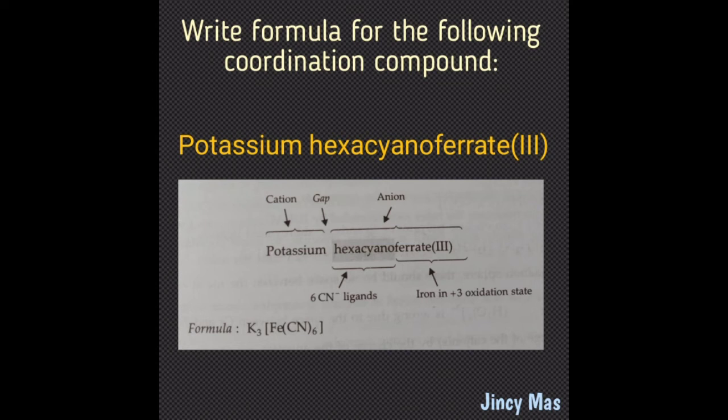And this 3 negative charge will be cancelled by the presence of counter ion potassium. So potassium is having only 1 plus charge. So how many potassium you have to take? 3 potassium. So the formula will be K3[Fe(CN)6]. Fe(CN)6 will be kept in square bracket to show that it is the coordination entity.